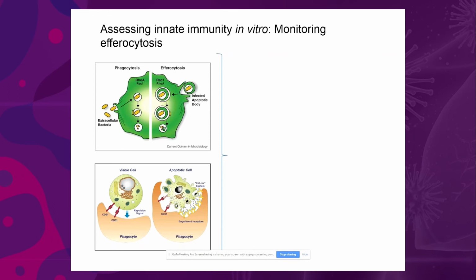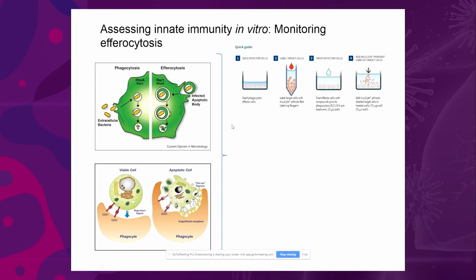And one of the key aspects of innate immune cells, like macrophages, is to take up apoptotic cells, ensuring that inflammatory cells that have done their job are properly cleared from the tissue, so they are properly removed in a non-inflammatory way. And this is an interesting assay.